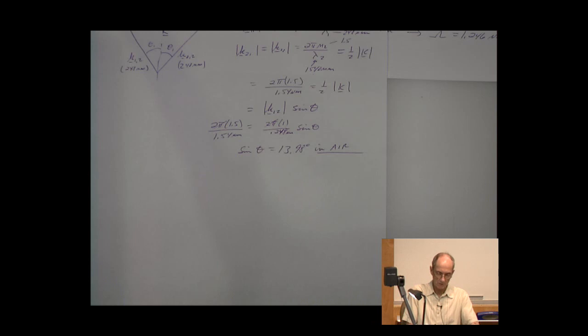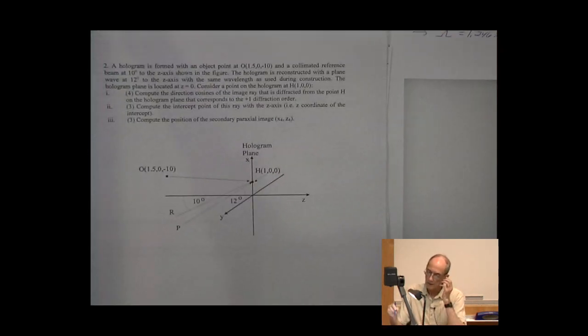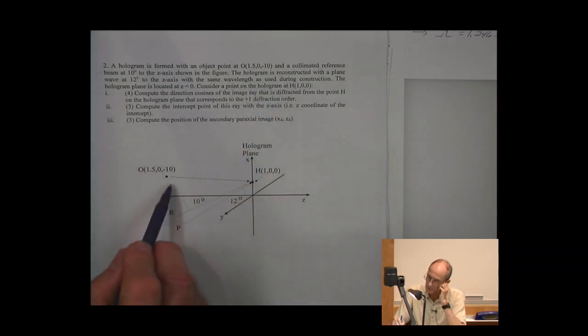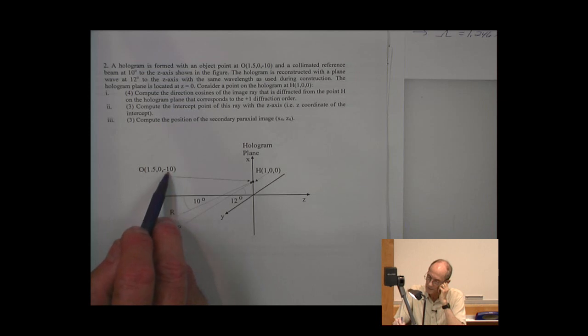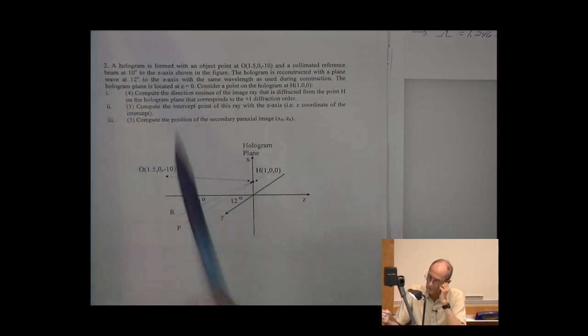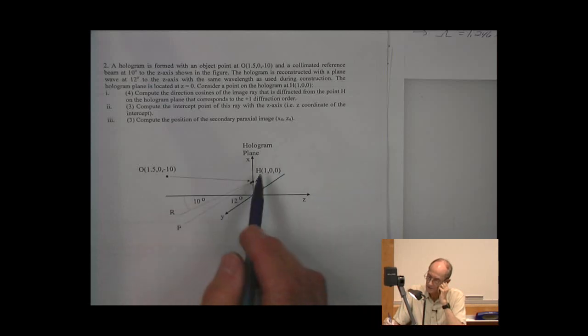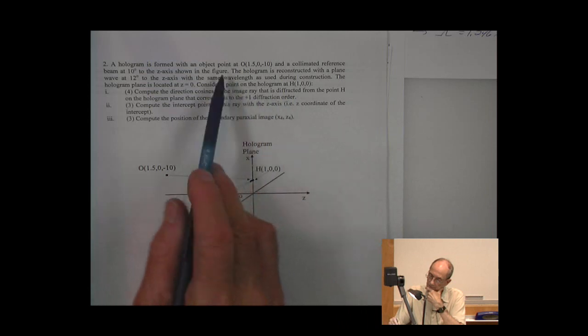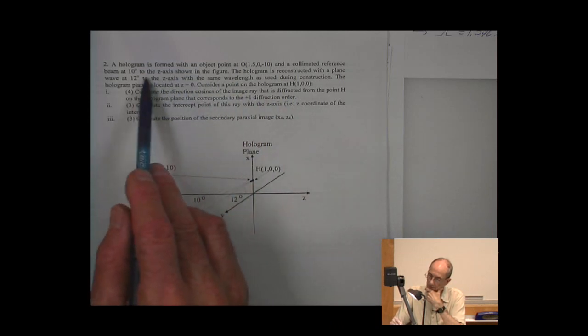And problem number 2, we have some image analysis here. All right, so here we have, again, a hologram formed with an object beam placed at position 1.5, 0, and -10. And it's formed with a collimated reference at 10 degrees to the z-axis, okay?